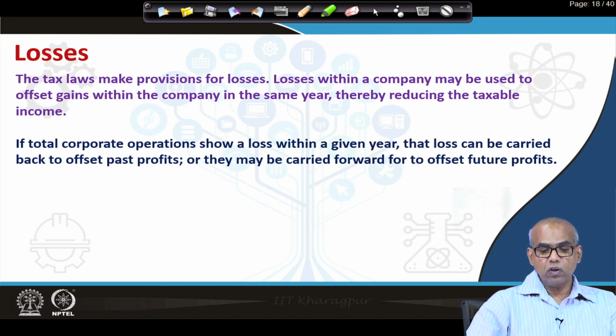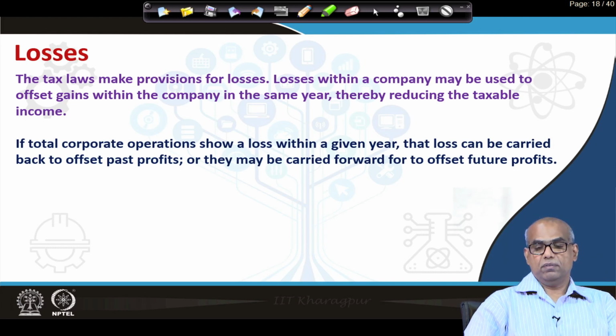If total corporate operations show a loss within a given year, that loss can be carried back to offset past profits, or the loss may also be carried forward to offset future profit.